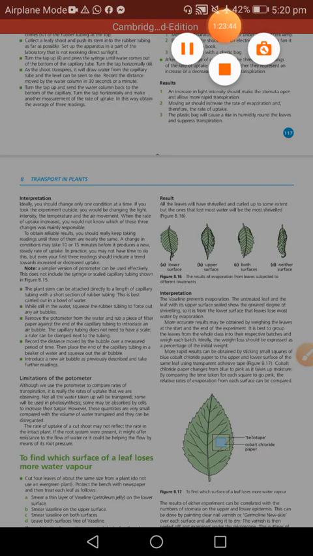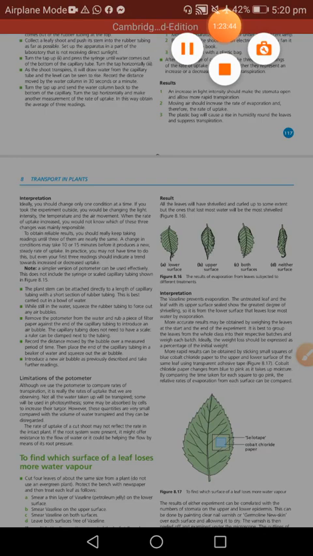So this will then increase the salt concentration in these cells, and thus decrease the water concentration or water potential in these cells.